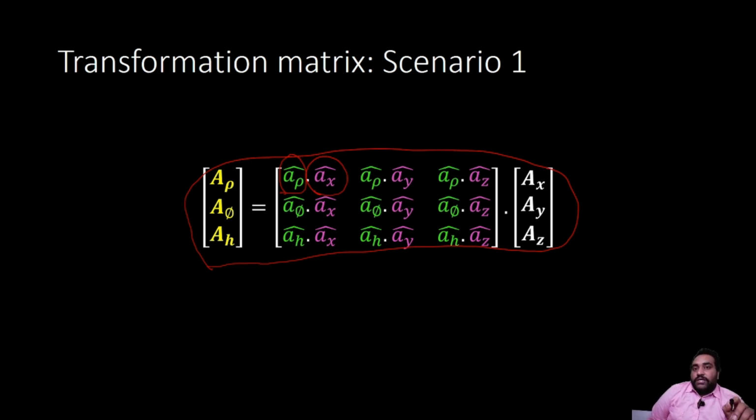So your three-dimensional transformation problem will have a 3 by 3 transformation matrix wherein each row, the dot product would be with the vectors along which the magnitude is unknown, and the columns correspond to the unit vectors along which the magnitude is known.